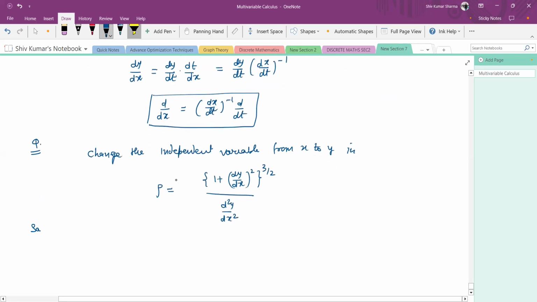Okay, so here we see that the independent variable x, but now we change into the dependent variable y.